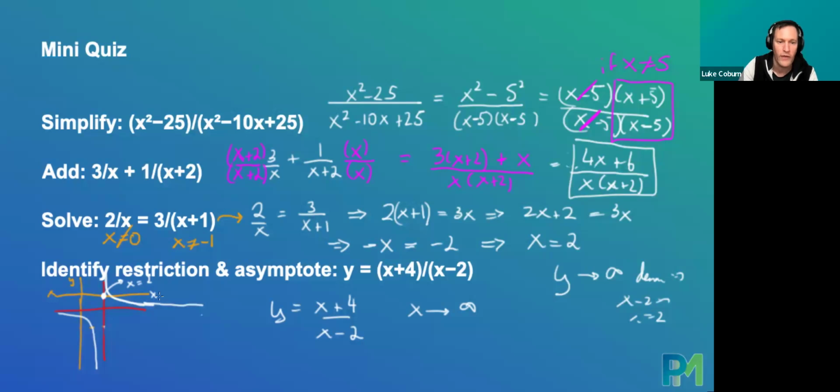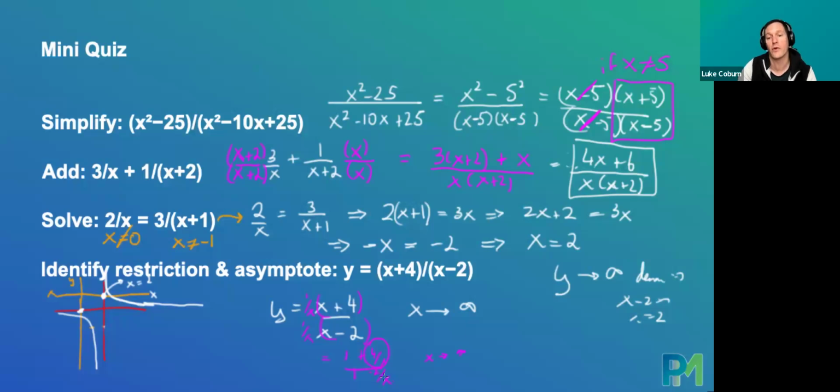If we know what value it's getting closer to, we're going to know where that happens. It's just a quick trick. I'm not too sure if you actually do it, but just while we're here, we'll do it quick. I'm going to multiply top and bottom by 1 over x. This is going to give me 1 plus 4 over x over 1 minus 2 over x. Anyway, now as x tends to infinity, we're going to get 4 over a much larger number.